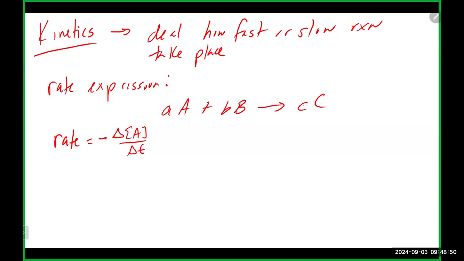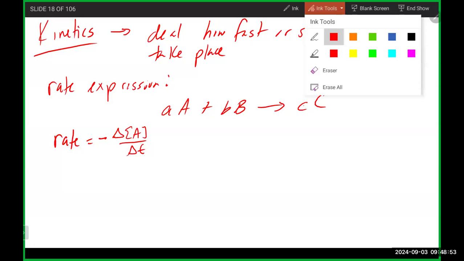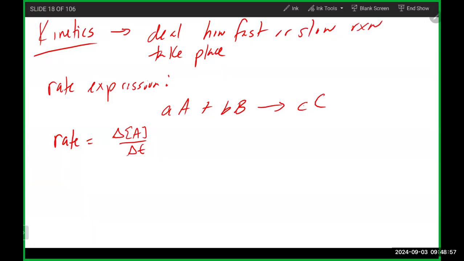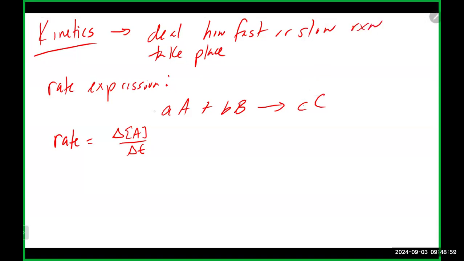We also talked about an important aspect of it, which is we do want to take into account always the stoichiometry that's involved. So we can do that by taking 1 over the coefficient. That takes care of both the stoichiometry and the kinetics together.